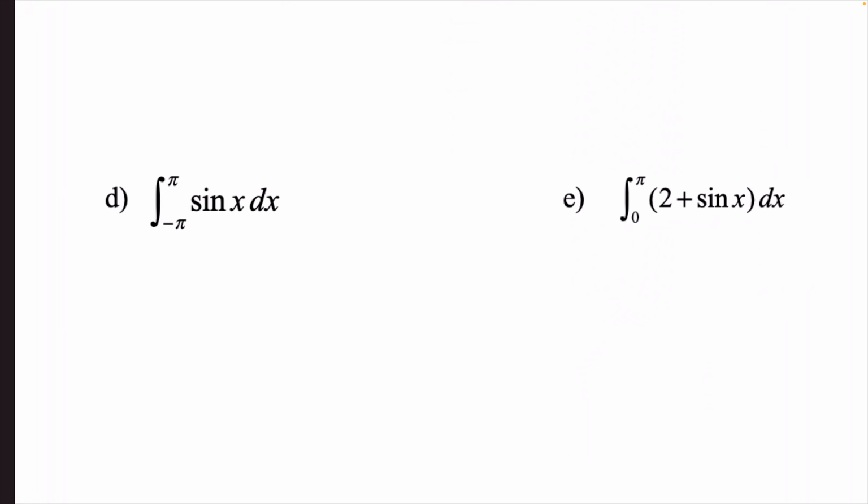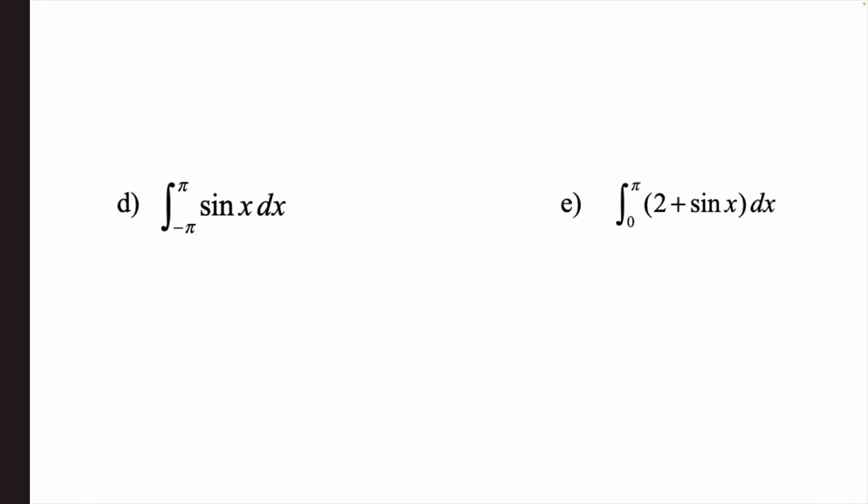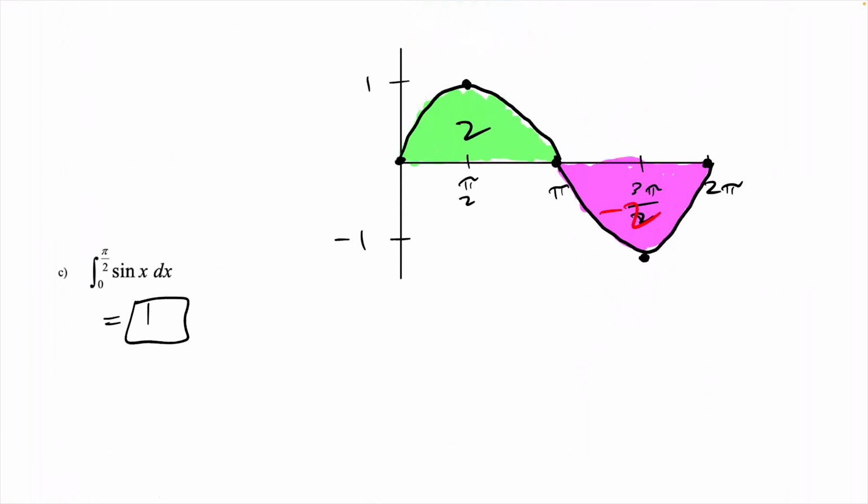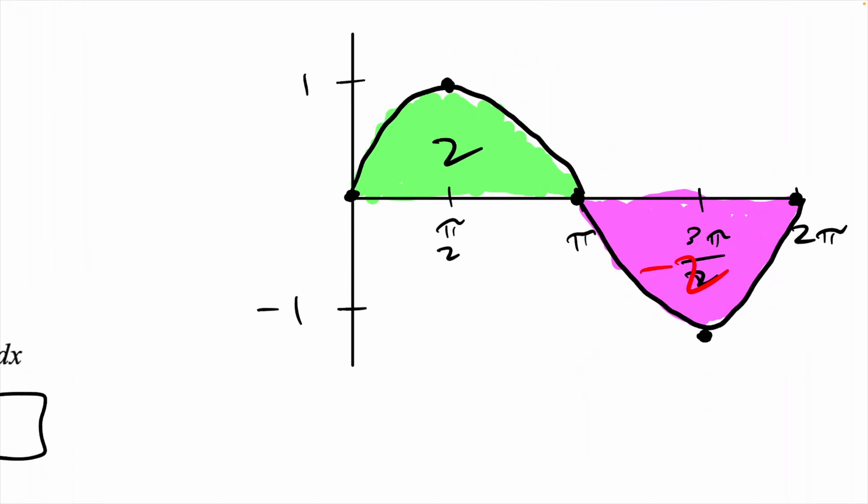Negative pi to positive pi. So I didn't draw the negatives, and I'm not going to, but let's look at negative pi to pi. So I have the green, from 0 to pi, but then I also have over here to the left, right? Where is it going to go? Down, right? If I drew it on the negatives, it would follow the pattern. It would go like this until I get to here.